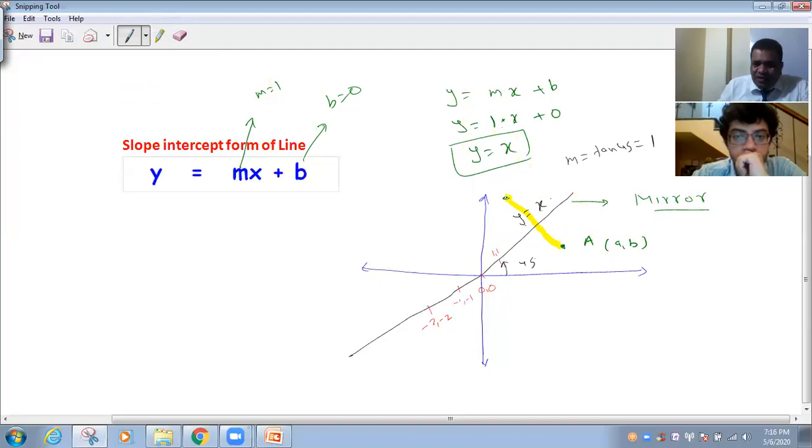You have faced the mirror, directly goes backside, right? So mirror image be here. This is, let us say, A dash. And if this coordinate is A, B, so mirror image coordinate be just swap the value, B, A. Okay, understood, right?